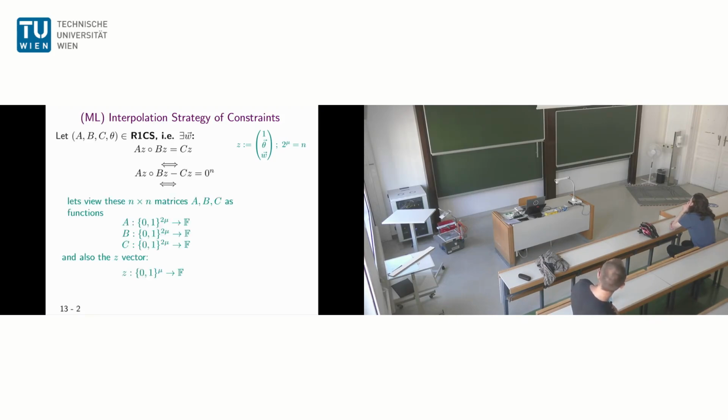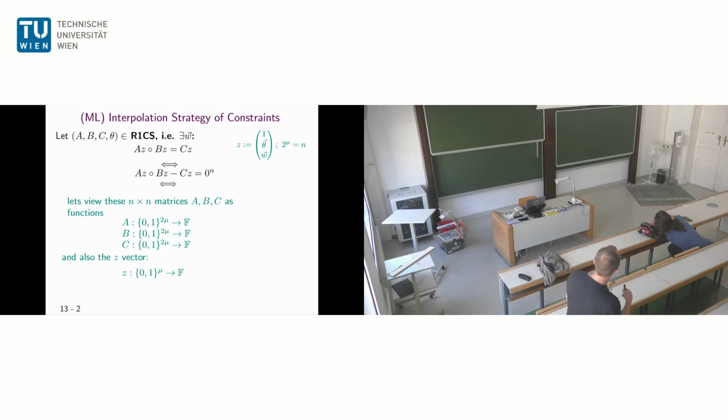And now let's do the following. Let's view these matrices again as evaluation tables, meaning that they have n times n many values, right? So n is a power of 2, so 2 to the mu. With mu bits, we can index into the column, and with another mu bits, we can index into the row.